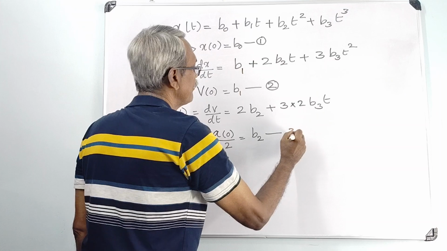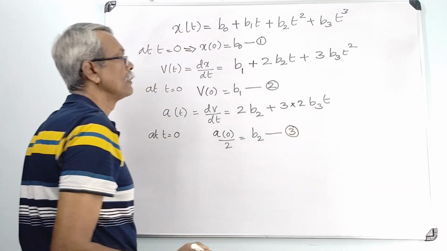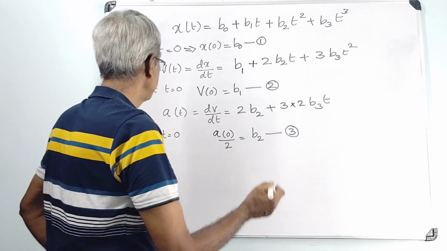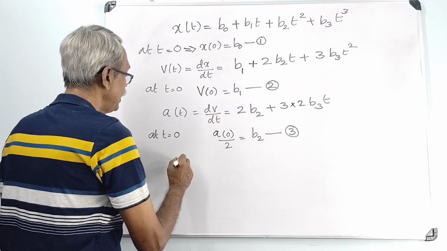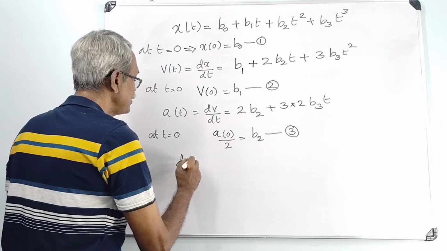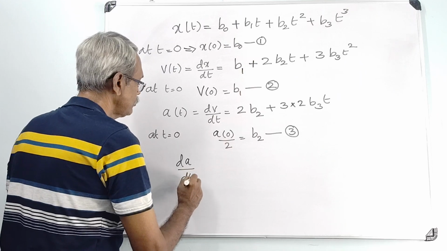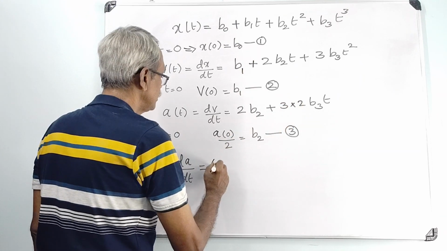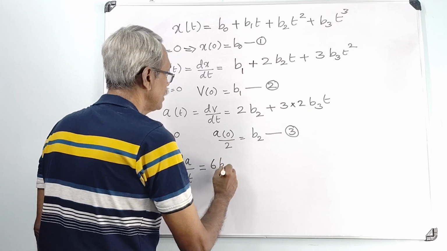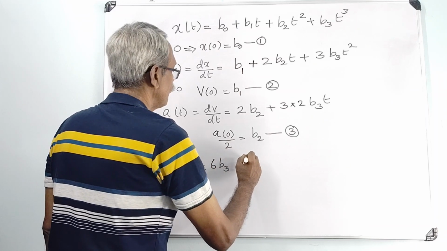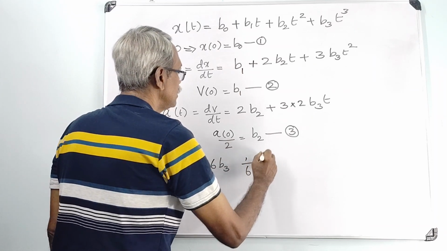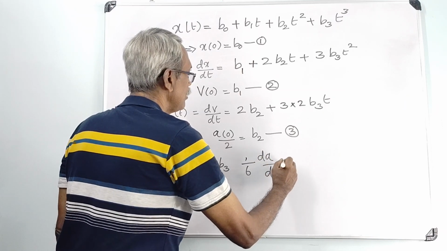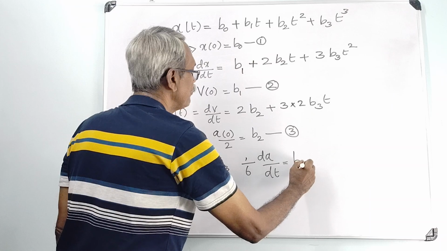That is the third coefficient. If you want to extract the last coefficient, that also can be done by taking dA by dt, that will be equal to 6b3, and 1 by 6 dA by dt will be equal to b3.